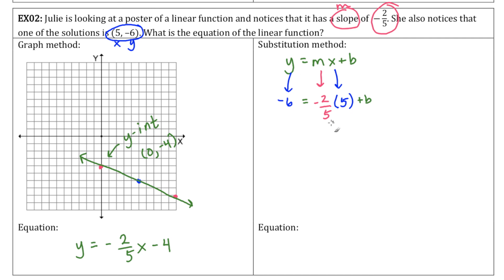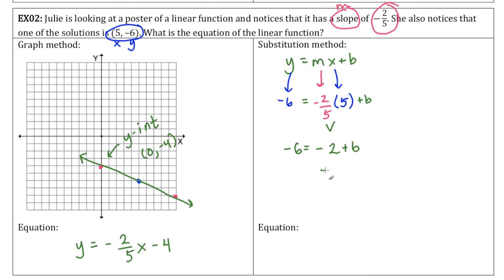Now we got to find b. So let's multiply here. A negative times a positive is a negative. 2 times 5 is 10, divided by 5 is 2. So -2 plus b equals -6.